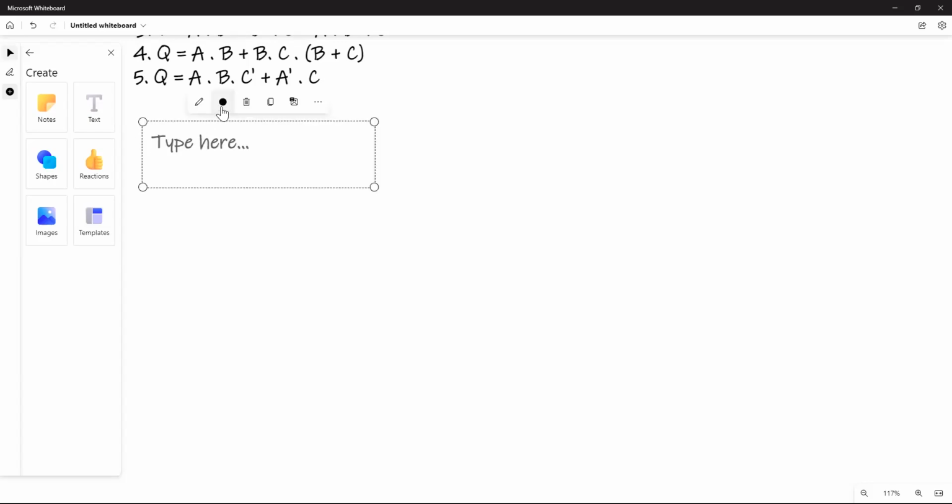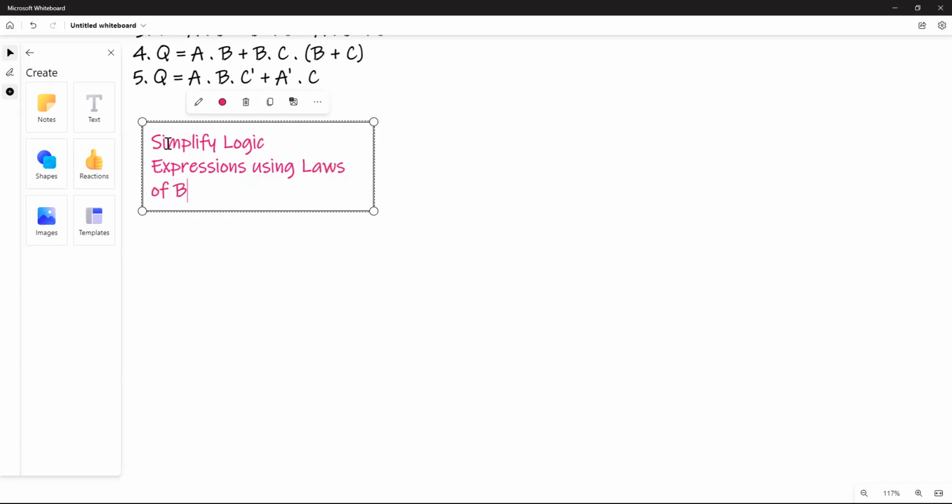So let's write down: simplify logic expressions using laws of Boolean algebra and Karnaugh maps. Right.